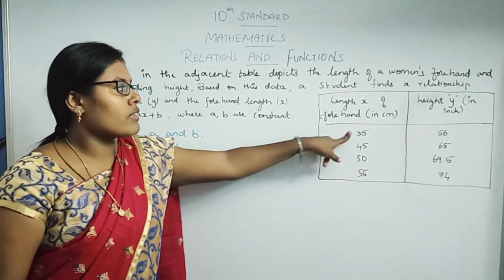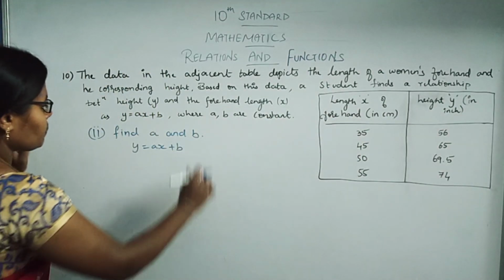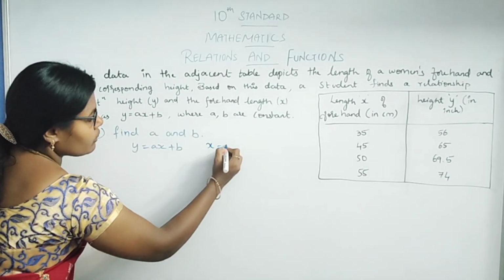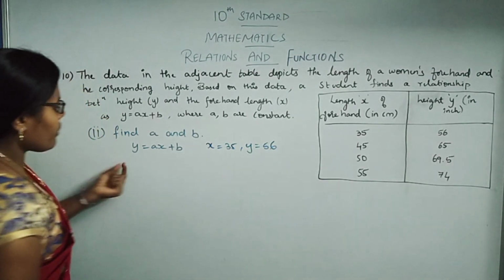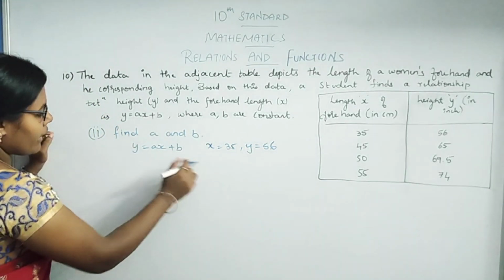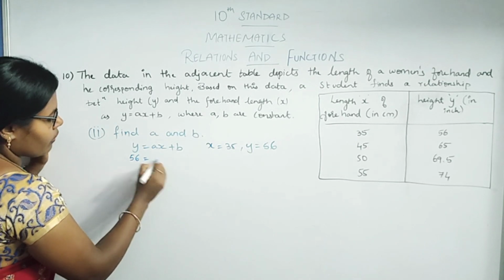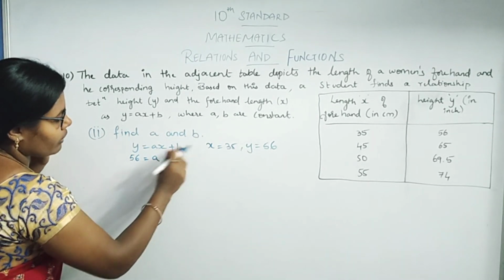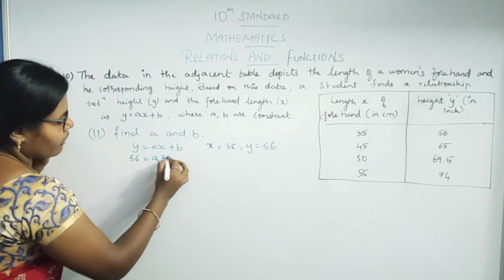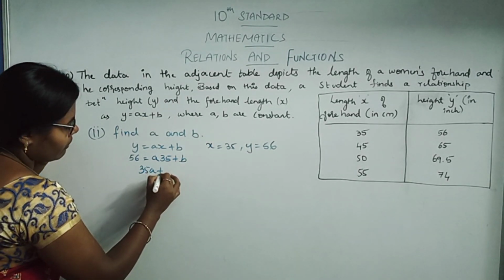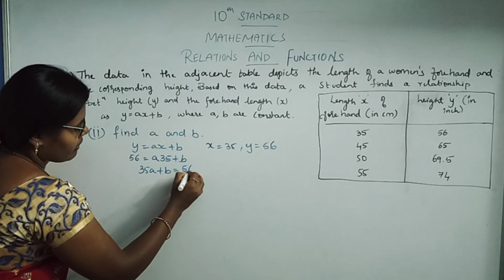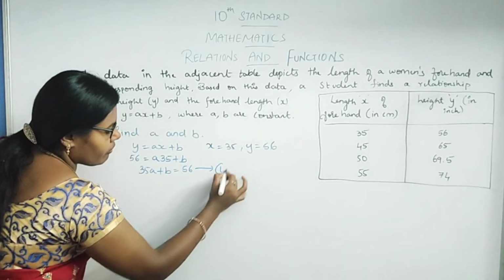When x is equal to 35, what is our y value? It is 56. So you substitute here. In the place of y, 56 is equal to a into 35 plus b. So 35a plus b is equal to 56. Take this as equation 1.